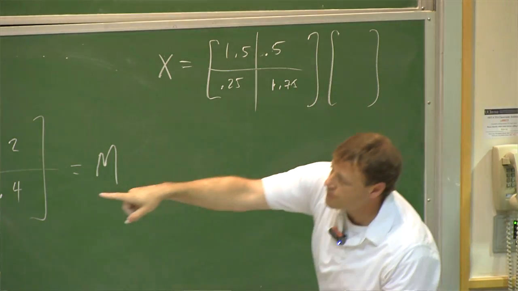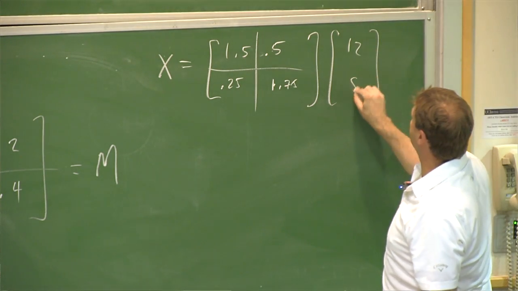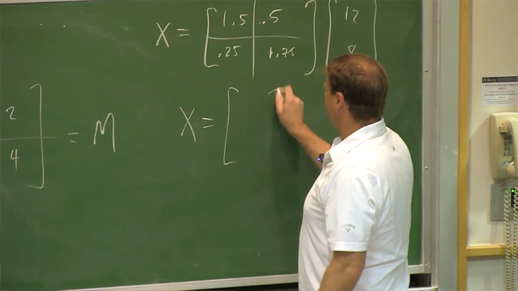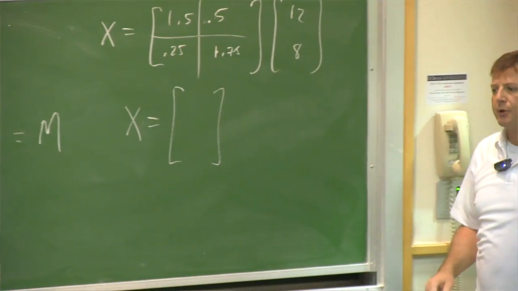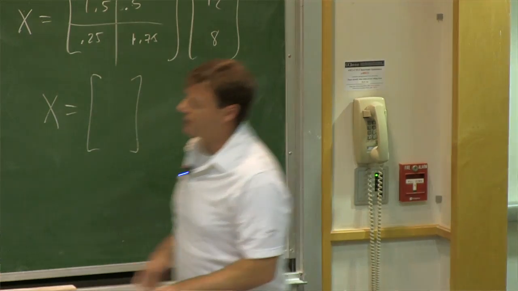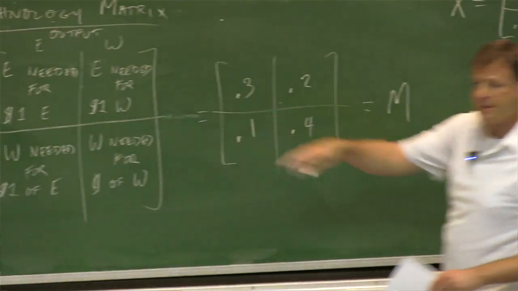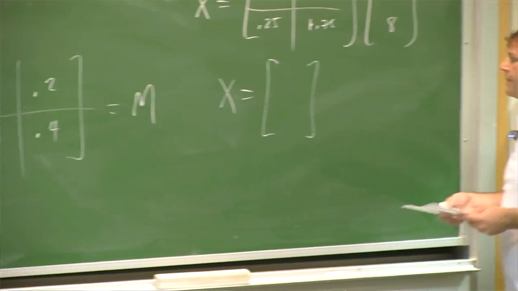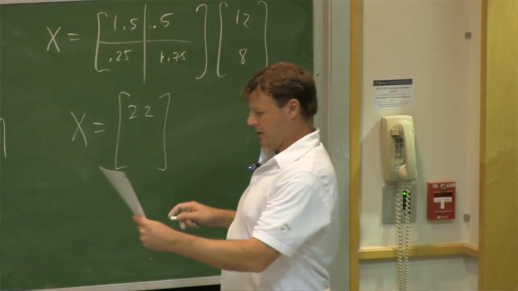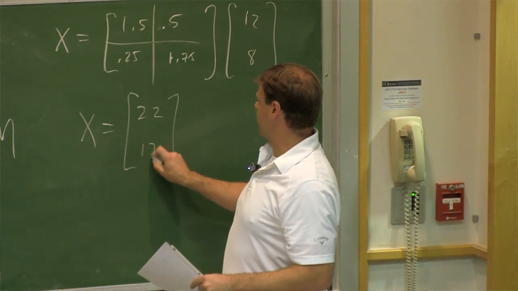And d was 12 over 8 over there. So x, the amount of water and electricity that need to be produced in order to satisfy the demand of the public, I have to do more than the 12 and the $8 million worth that's needed, because I'm going to use some when I produce it. And the amount that I'm going to get is 22, I have it right here, 22 and 17.